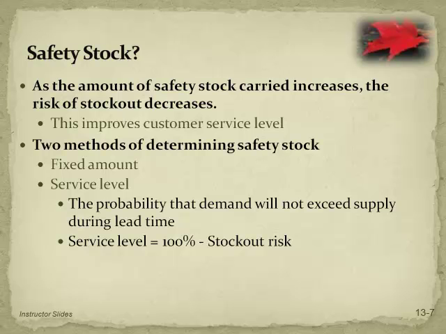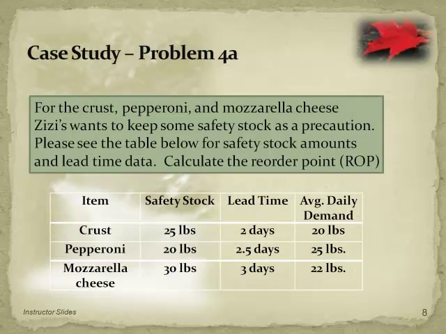So what that means is that I want to have a probability that I will not run out of inventory. I want that to be 80%. Now, let's go into our case study and try to apply this concept of safety stock there.